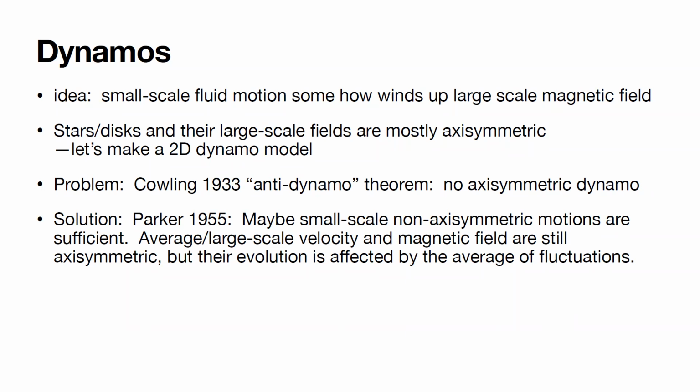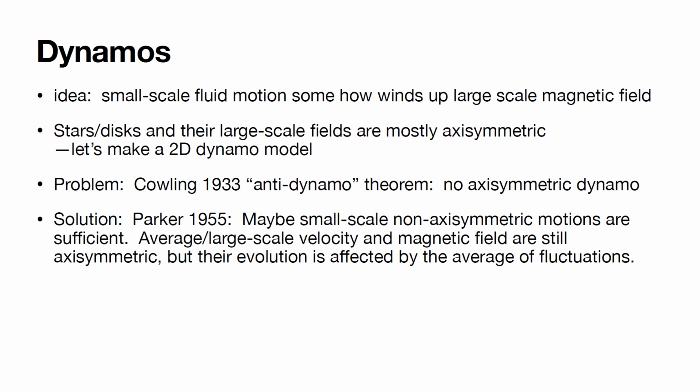The basic idea to the solution was thought up by Parker in 1955, I believe in the context of the Earth's dynamo. He thought, maybe it's sufficient just to have non-axisymmetry on small scales. You have this churning, from convection or whatever, on small scales, even though it averages to 0 on the large scale. And so the average large scale velocity and magnetic fields will still be axisymmetric.